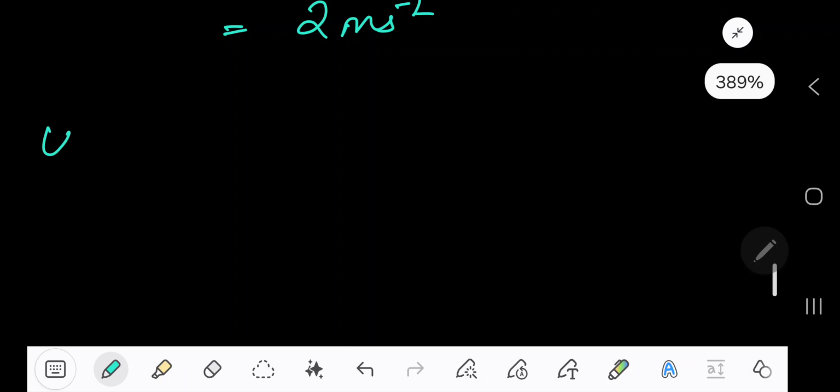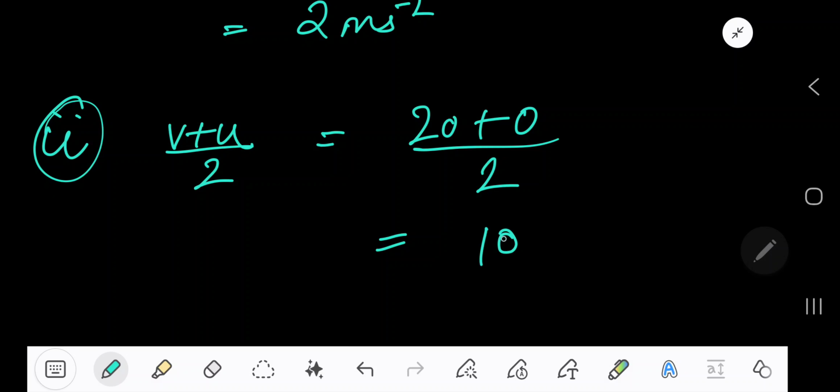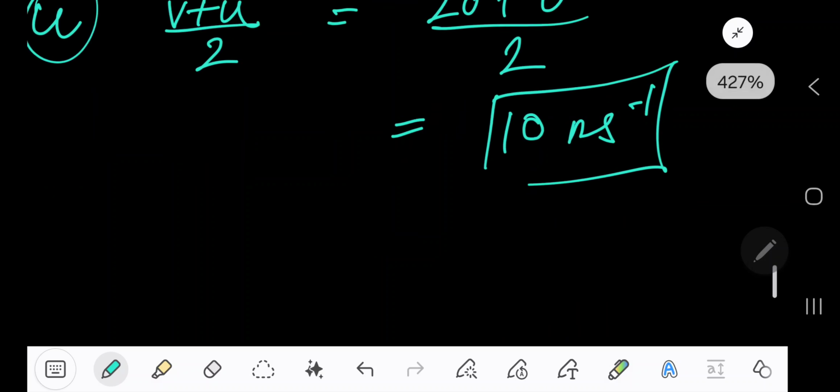Next we have to find the average velocity. Average velocity equals v plus u by 2, basically, and this would be equal to 20 plus 0 by 2, which equals 10. So the average velocity is 10 meter per second.